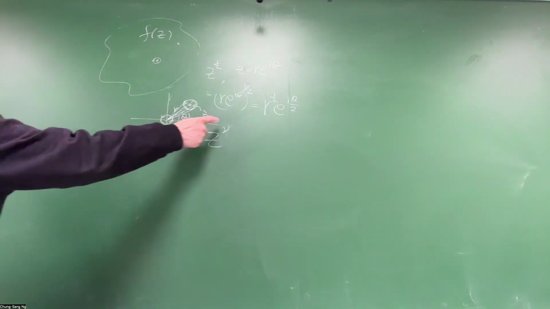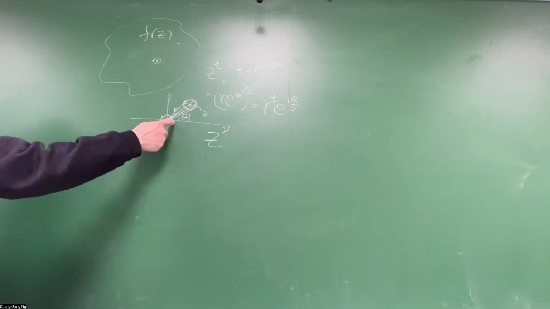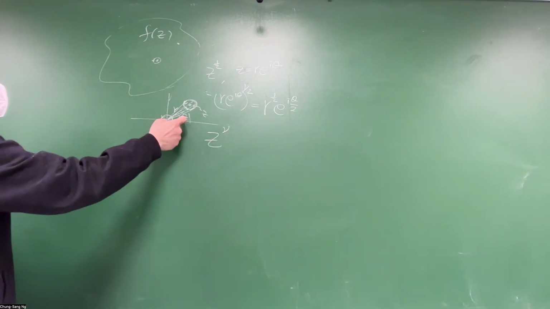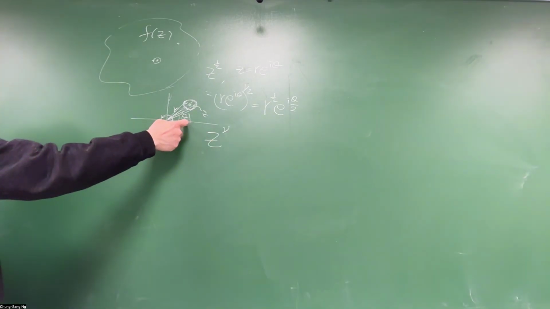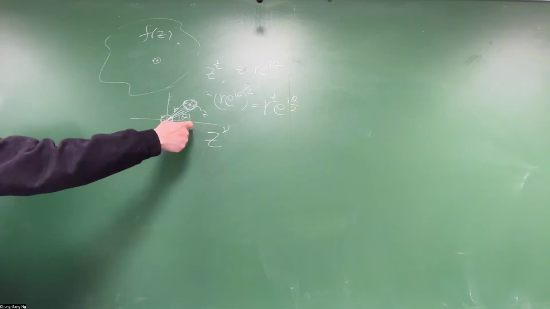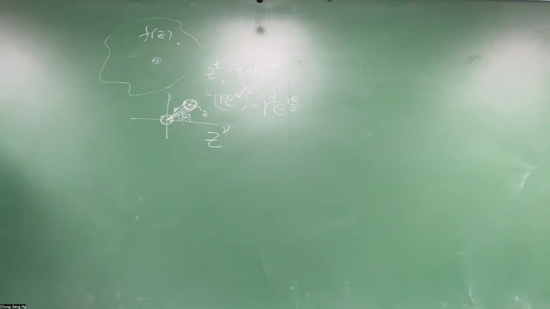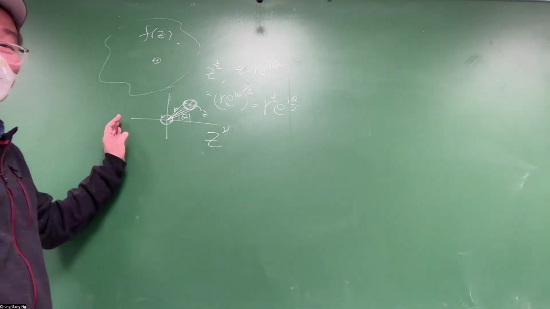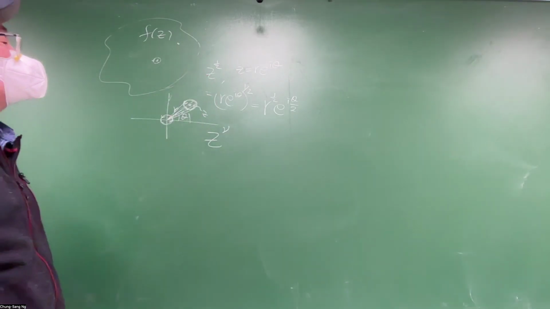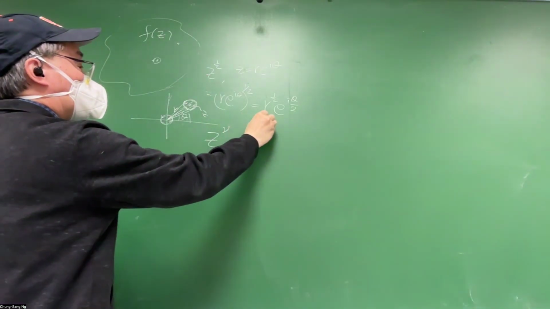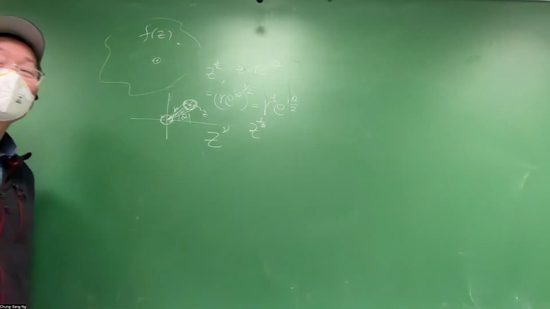Basically, z to the 1/2 has two branches. You go around once, you get 2 pi. Go around twice, you get 4 pi, but 4 pi divided by 2 is 2 pi, which is just one. So you only have two branches for this one. Likewise, z to the 1/3 has three branches, and so on.